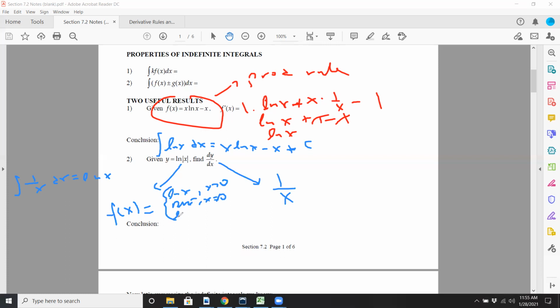Or you can do natural log of negative x if x is less than 0. So negative x right there. Then if you were to do the derivative of this, dy over dx is definitely 1 over x, or it'd be 1 over negative x, but then you have to do a chain rule, so times negative 1, so you still get back to 1 over x anyway.